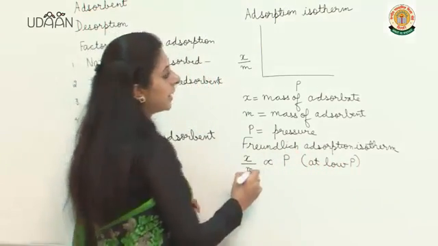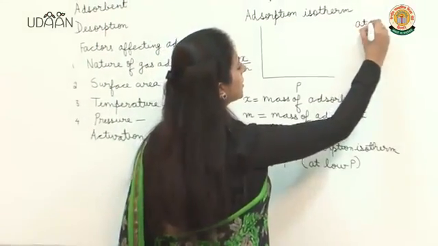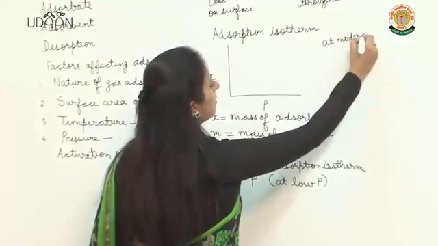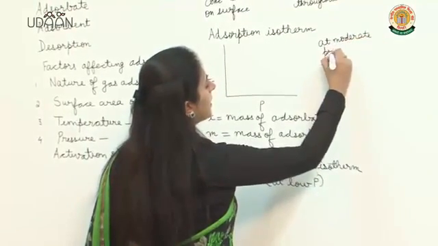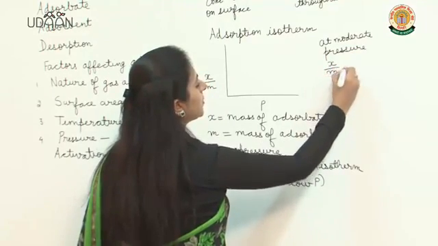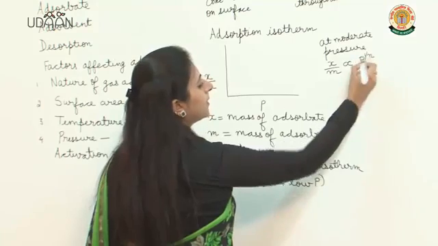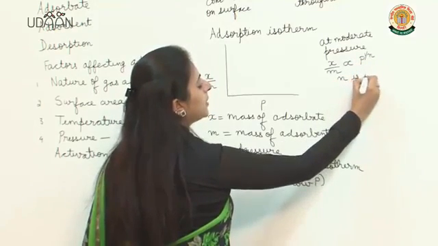When we take it at moderate pressure, what happens? At moderate pressure, x by m is directly proportional to P raised to the power 1 by n, where n is an integer.